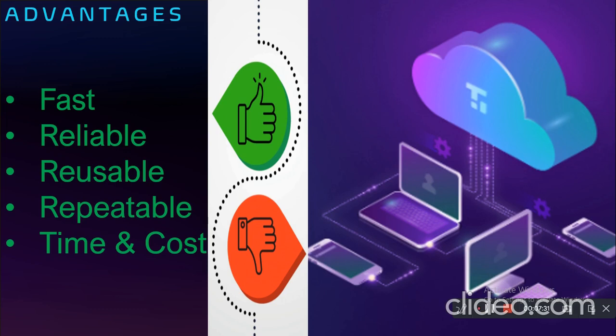The next advantage is repeatable. We can check how the application reacts after repeatedly testing the same operation multiple times. And the next advantage is that if you automate an application, definitely it will save time and cost.